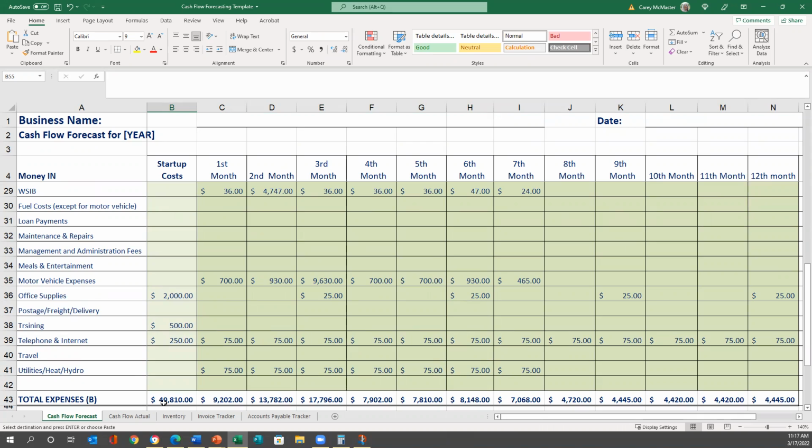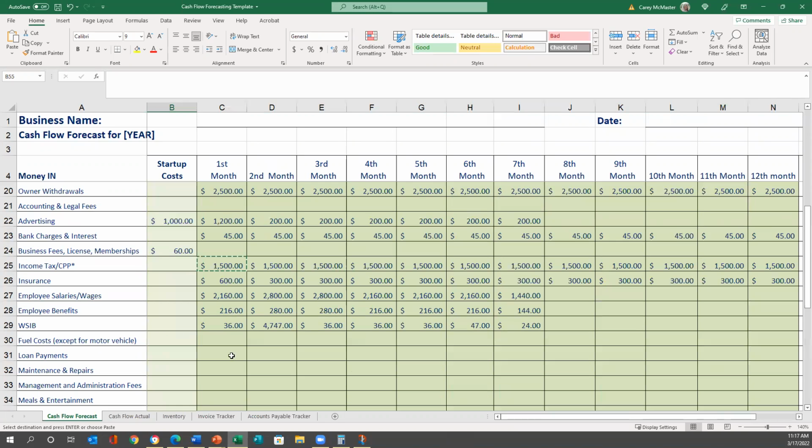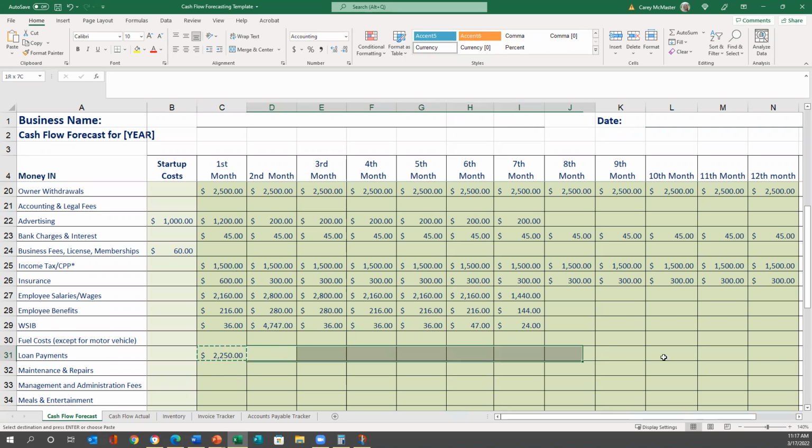And you might decide for $45,000 you want to pay it over 5 years. It's really dependent on how you're going to negotiate with the lender. But I'm going to try to pay this off over 2 years, and I know to be able to do that, my loan payments are going to be $2,550. So I'm just going to put those in and take a look at what that looks like.